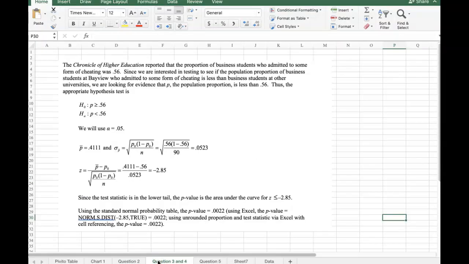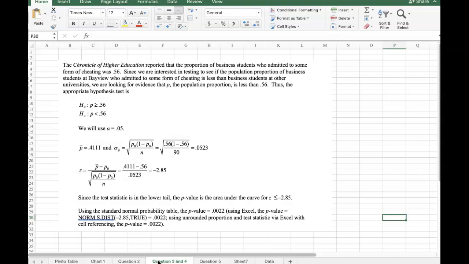Now in questions 3 and 4, they're going to start looking at the Chronicle of Higher Education, which reported that the proportion of business students who admitted to some form of cheating was 56%.